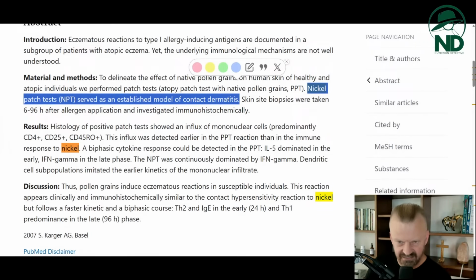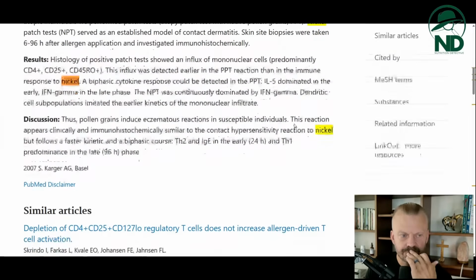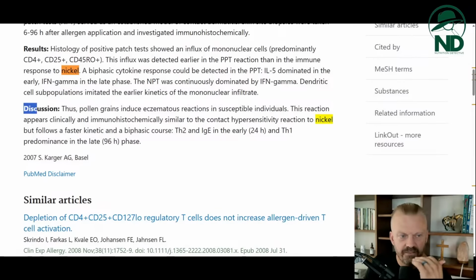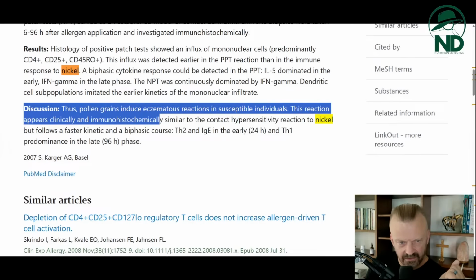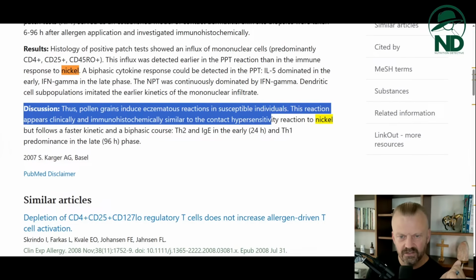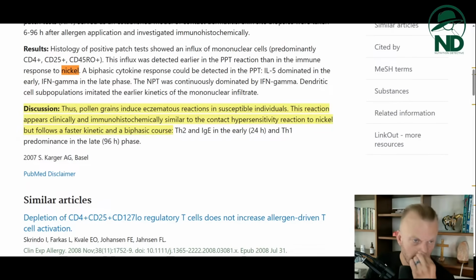You don't have to be sensitive. Discussion. Thus, pollen grains induce eczematous reactions in susceptible individuals. This reaction appears clinically and immunohistochemically similar to the contact hypersensitivity reaction to nickel, but follows a faster kinetic and biphasic course. What if there was pollen in nickel or nickel in pollen?